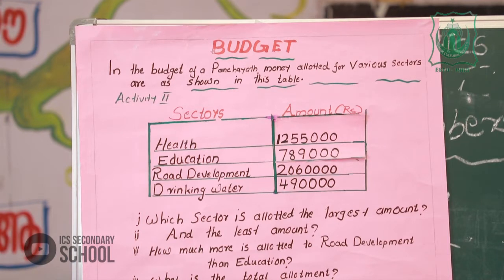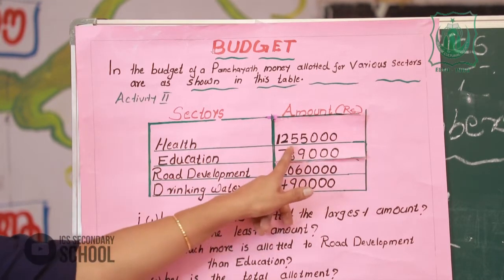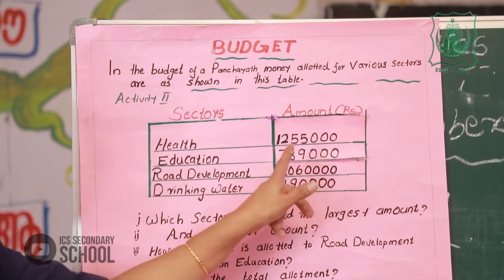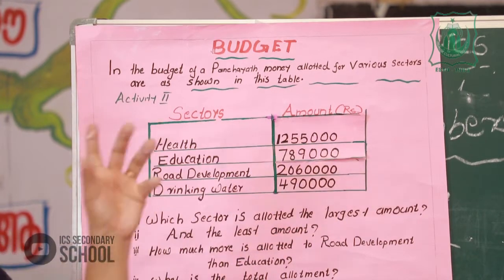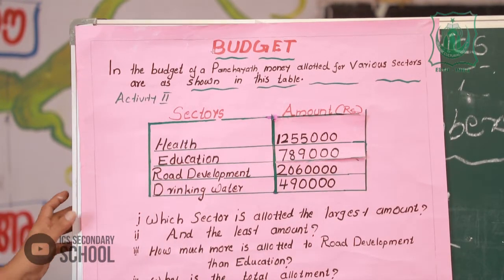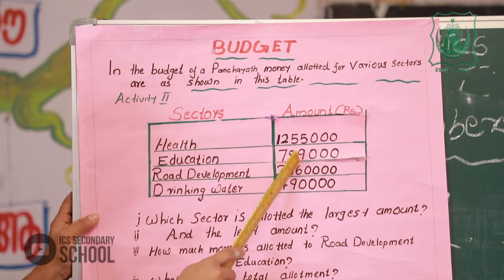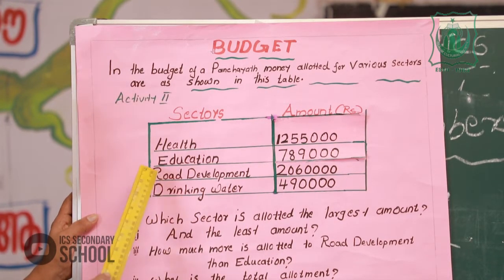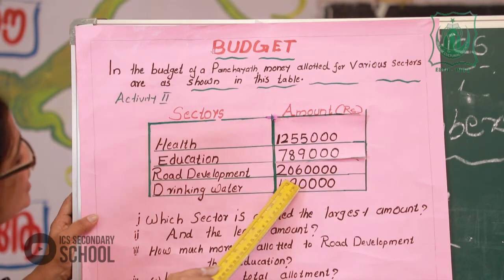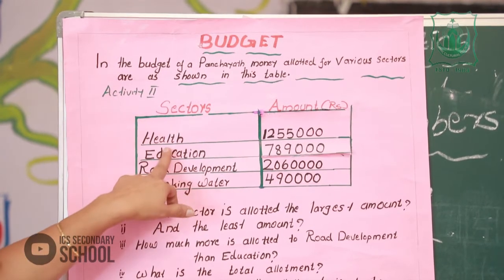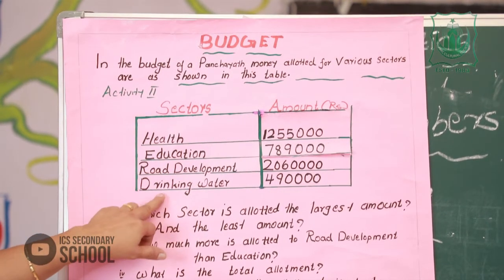Allotted money: health 12,55,000, education 7,89,000, road development 20,60,000, and drinking water 4,90,000.